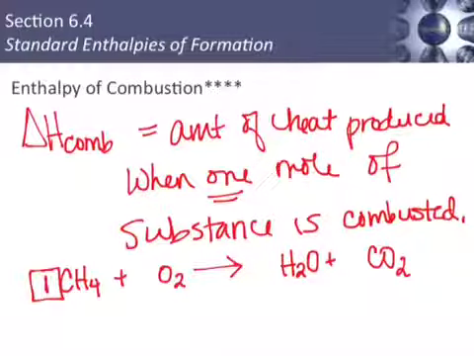You cannot change that, per the definition of delta H combustion. So we need a 2 in front of water. And now I always put oxygens last. So put a 2 in front of O2. And that's it.